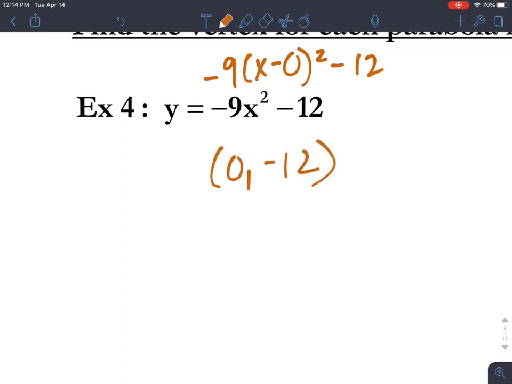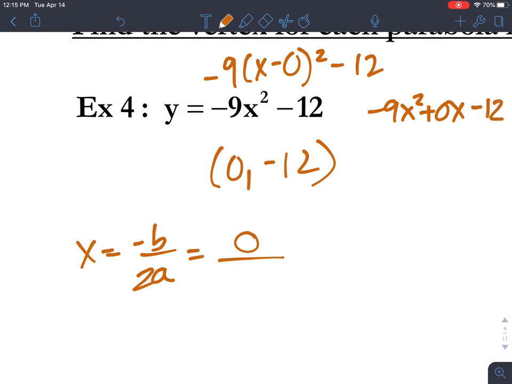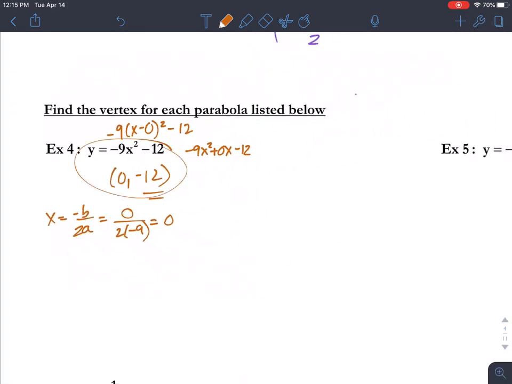Now, if you didn't notice that, you could do x equals -b/2a. What would your b value be? Well, there's nothing there, right? It looks something like this, -12. So it would be 0 over 2 times -9, which is 0. And guess what? When you plug it back in, you get -12. So I just wanted to point out, sometimes it's actually easier than you think because it's in that vertex form.